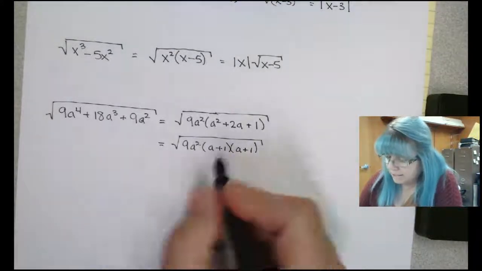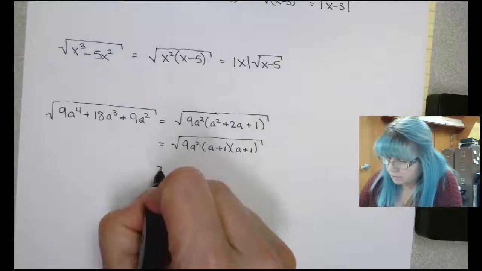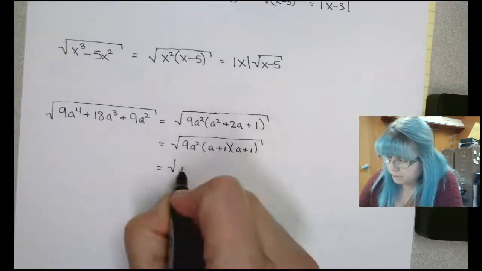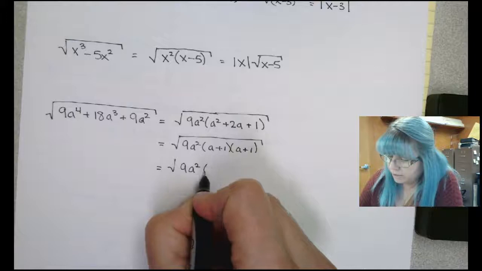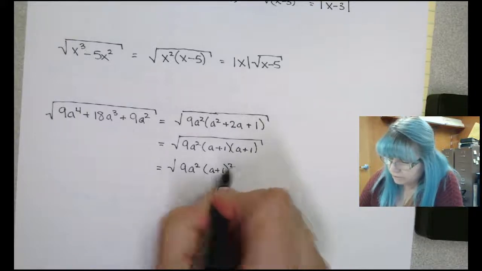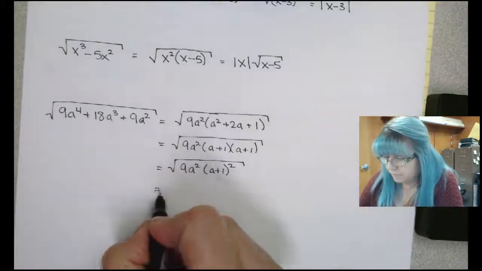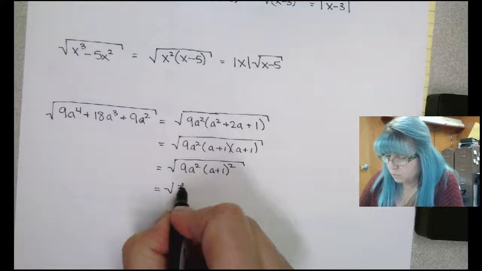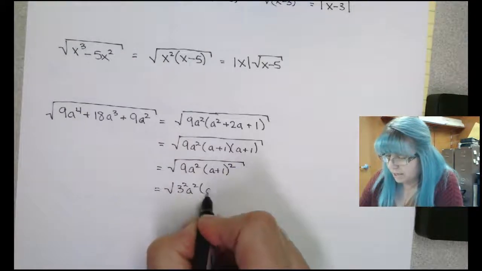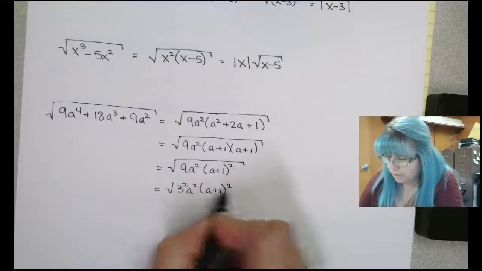But we can write this as a perfect square equals 9a squared times a plus 1 squared. 9 can be written as a perfect square. That will be 3 squared, a squared, a plus 1 squared.